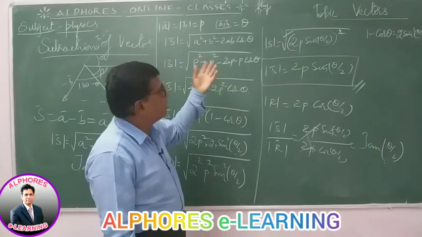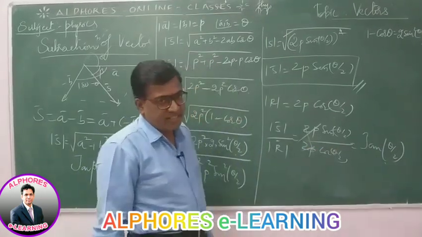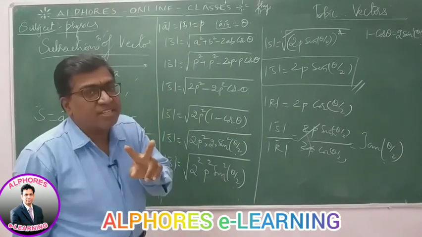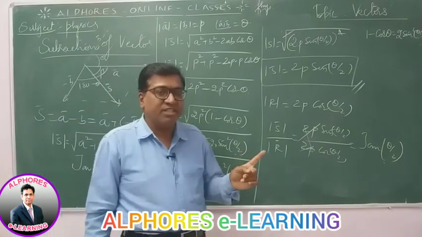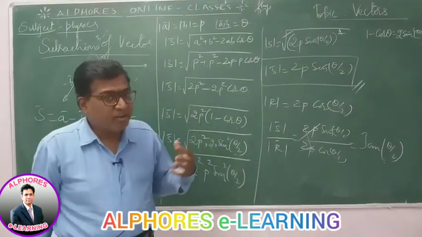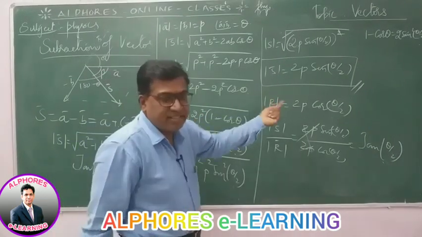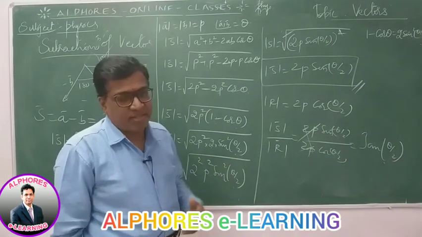If the vectors are of same magnitude, you can directly use this formula to find the addition resultant or subtraction resultant. So if two vectors are of same magnitude P, this is a very important relation, you will be coming across it in many of the examples in later chapters.